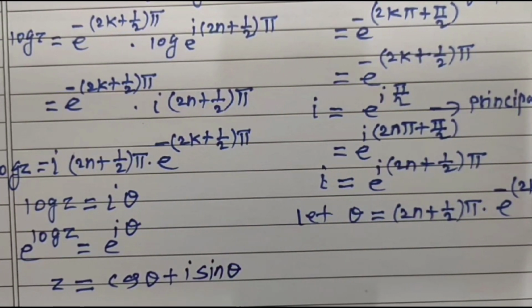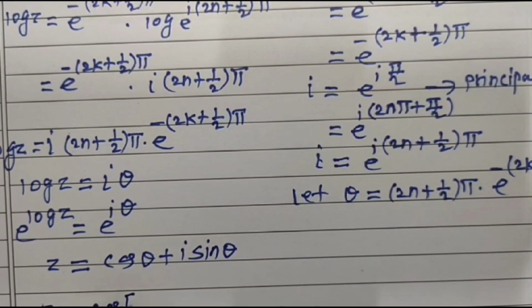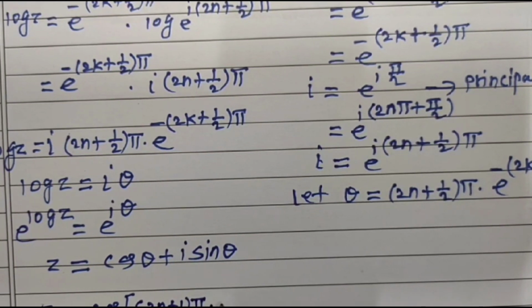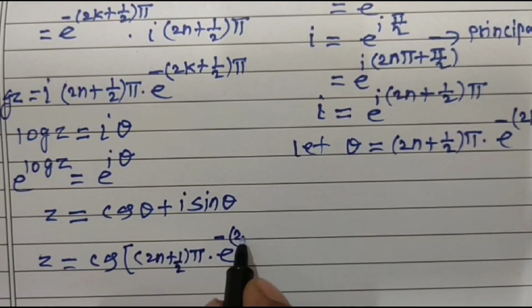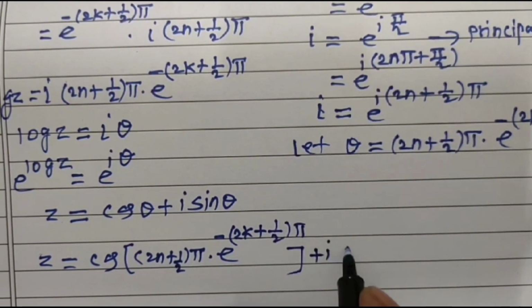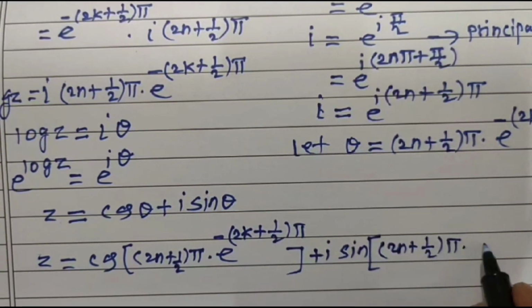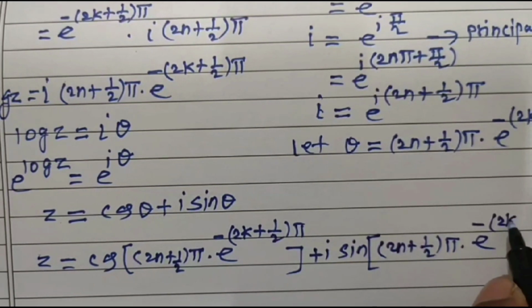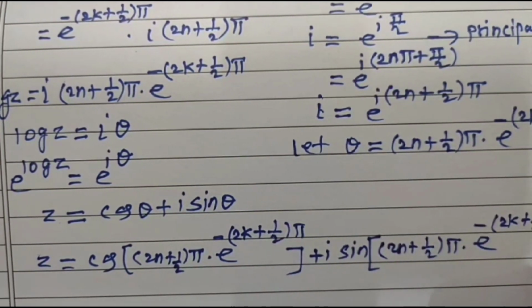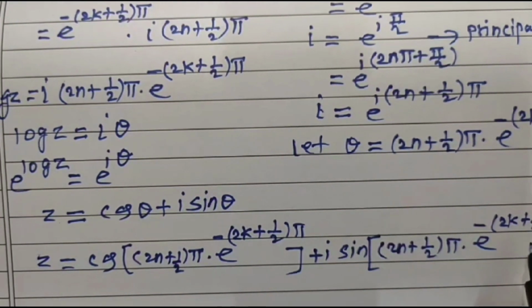Okay, now replace theta by this value. z is equal to cosine of 2n plus half, not 1, times pi into e to the power minus of 2k plus half times pi, plus i into sine of 2n plus half times pi into e to the power minus of 2k plus half times pi. In this way, this is the real part of the given complex number and this is the imaginary part of the given complex number in general form.